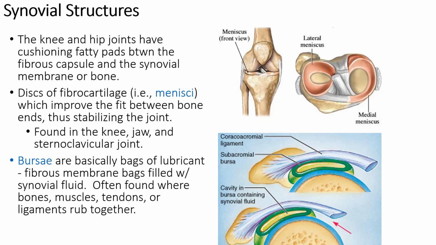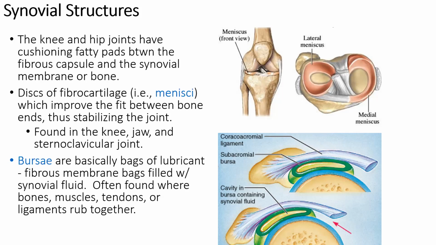And being cartilage, we can tear them. We have them in the knee, we have them in our jaw, and we have them at the sternoclavicular joint, there at the shoulder. We also have sacs of synovial fluid. We call them bursa.